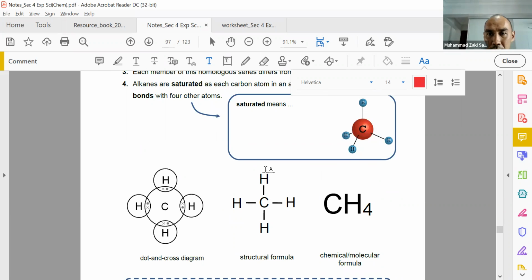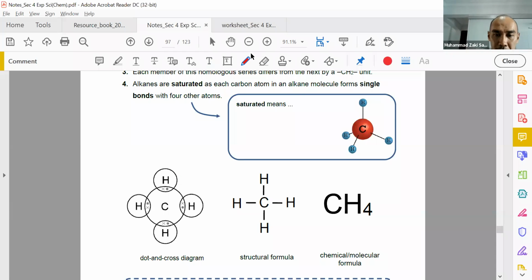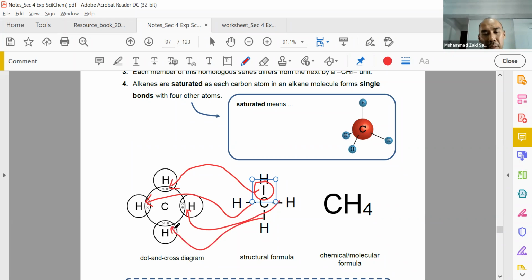One single bond is equivalent to one pair of electrons shared. Rather than you draw the whole dot and cross diagram that you have done in Sec 3, you can make it short form.